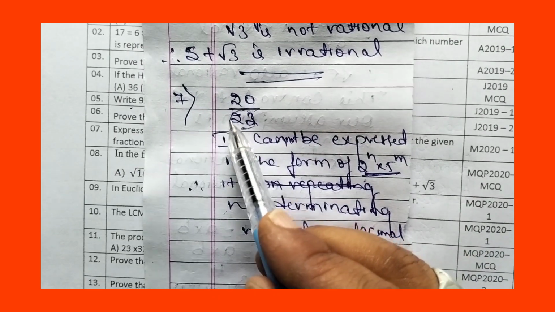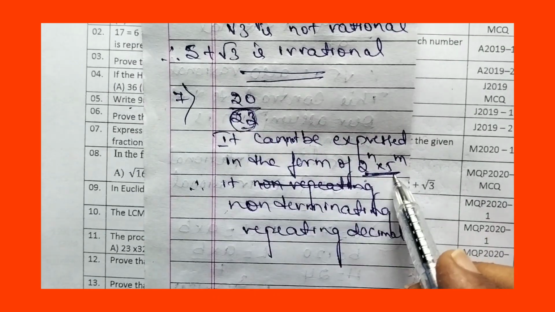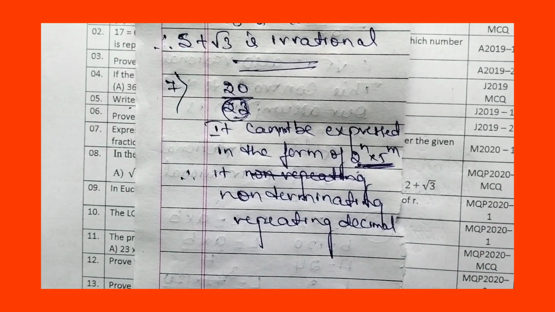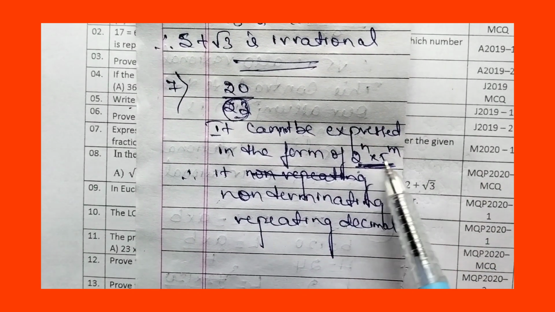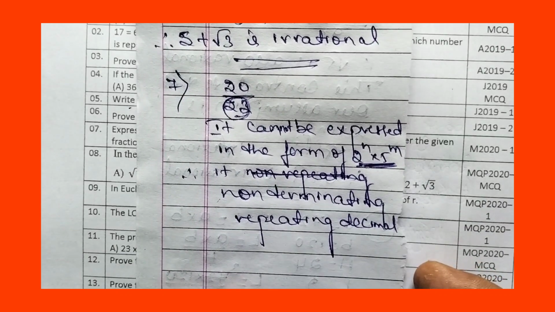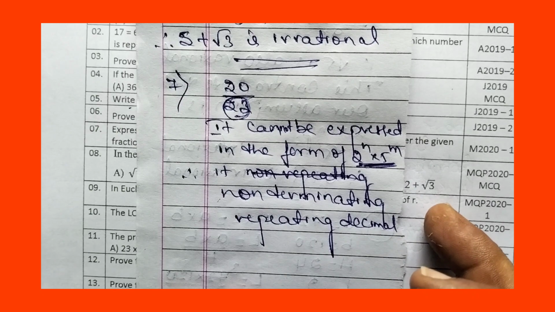We cannot express this denominator in this form because 23 is a prime number. So therefore it is a non-terminating repeating decimal.